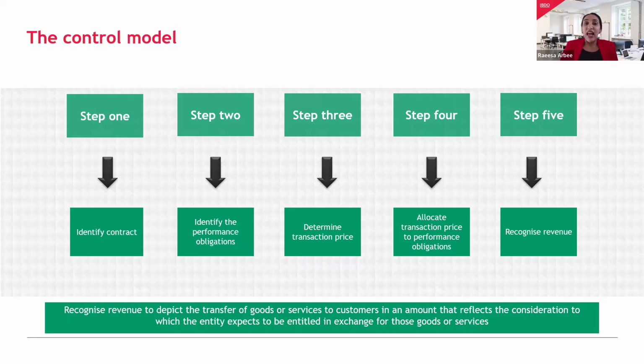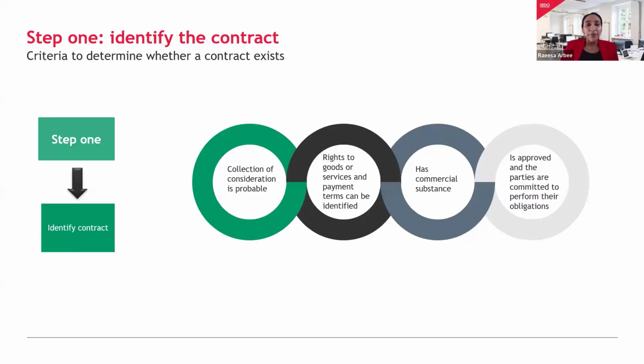So if we look at the next slide, we're starting off with step 1, which is identifying the contract. Now, a contract with the customer is in the scope of Section 23 when the contract is legally enforceable and meets the criteria that are listed on the slide. So the first is that collection of consideration must be probable. Rights to goods or services and payment terms should be able to be identified.